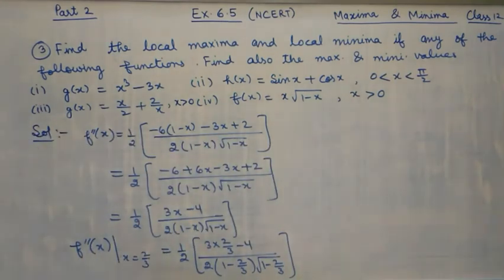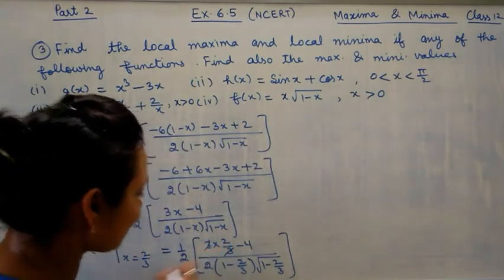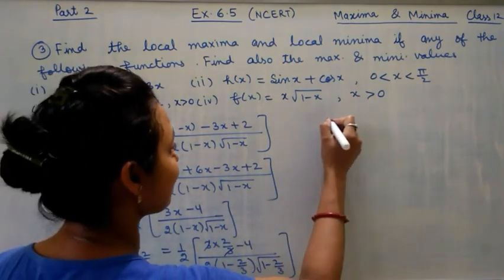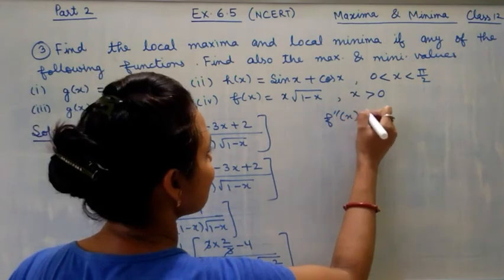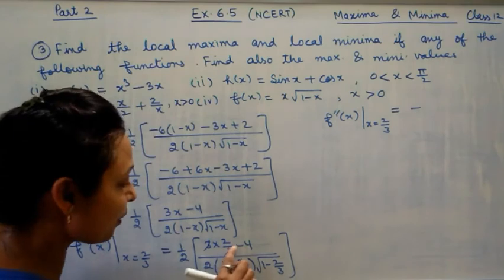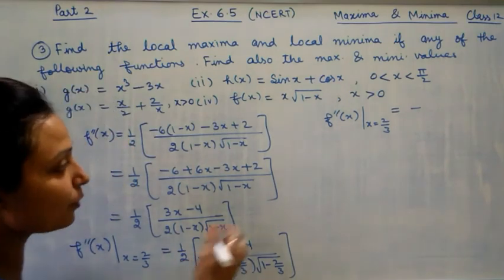Next step is, when this and this cancel, and when you solve the denominator function, it will equal the negative value, right? At x equal to 2 by 3, it is negative because minus 2 is there, 2 and 2 will cancel.